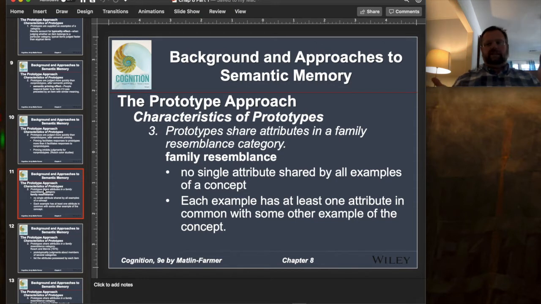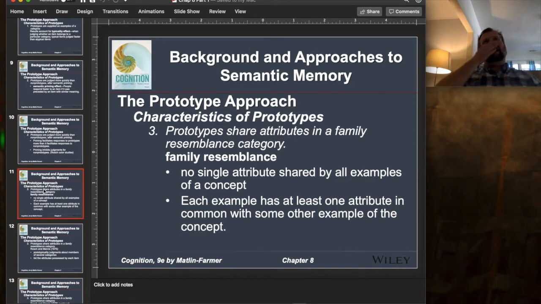Any concept you have is going to have a certain amount of variability, and they're all encased in that category based on family resemblance, meaning there's a certain amount of similarity, but it's not that they are all exactly the same, nor do they all have the same attribute. Instead, it's a family resemblance.